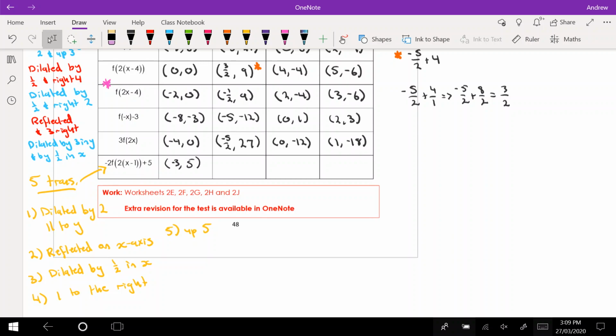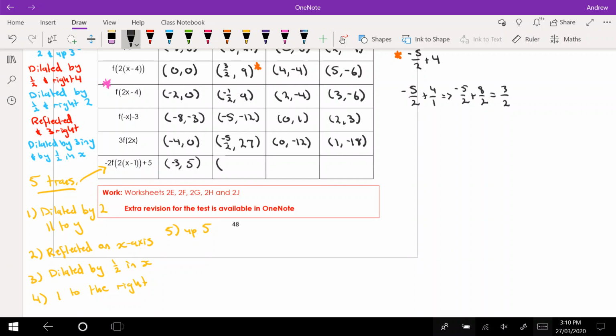What's my next one going to be? So let's just do x first. You half it, and then you add 1. So we divide negative 5 by 2, so it's negative 5 over 2, and then move 1 unit to the right. Not a half. Negative 3 over 2. Negative 5 over 2 is going to be half of it.